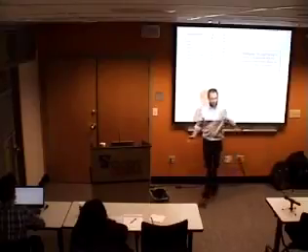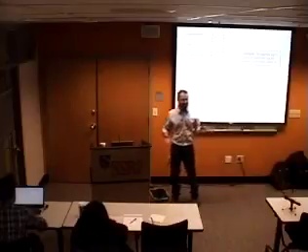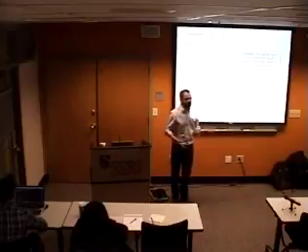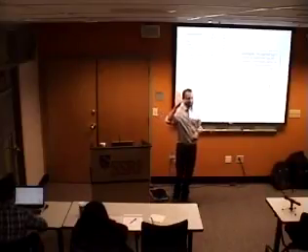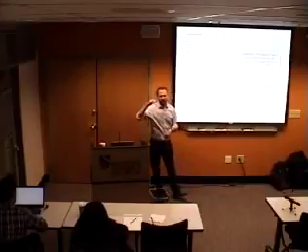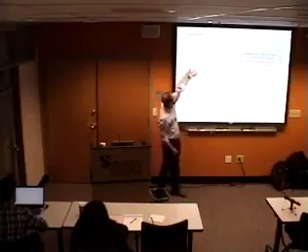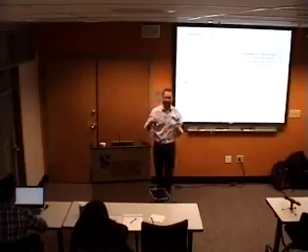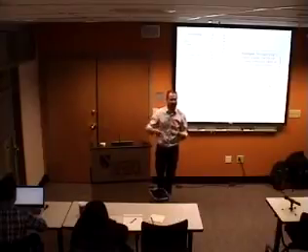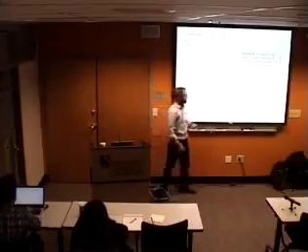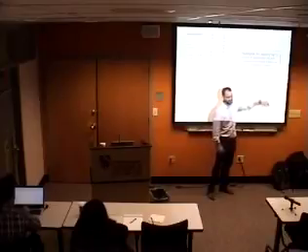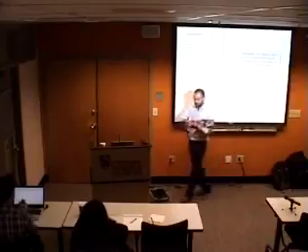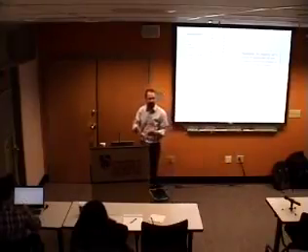We sum that across all i's and get the total number of ties in the network. That's the target statistic for out degree. So we're trying to come up with a parameter estimate for out degree that, when combined with all these parameter estimates and run through this simulation, produces an out degree that matches what's observed, or a distribution that's pretty tightly centered around that out degree.